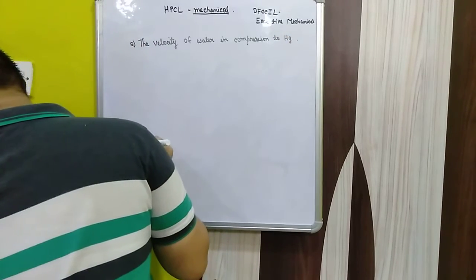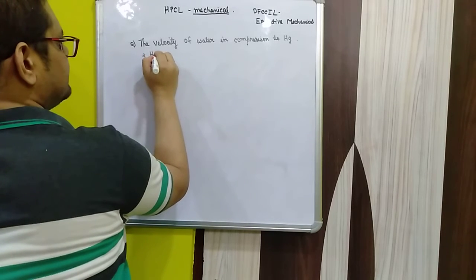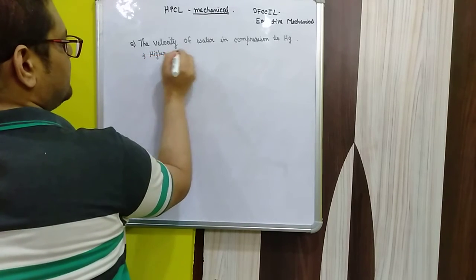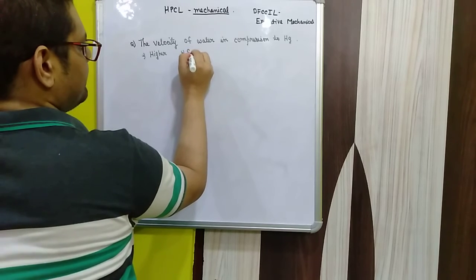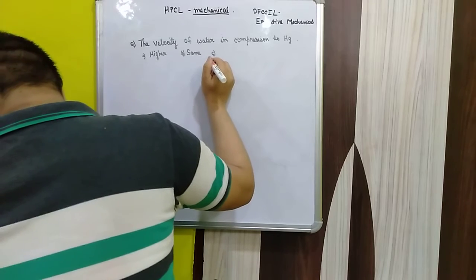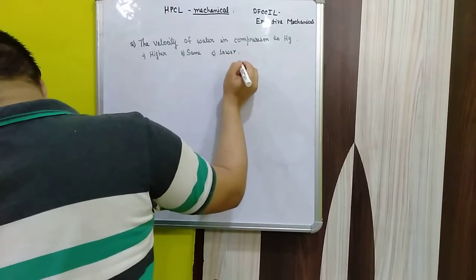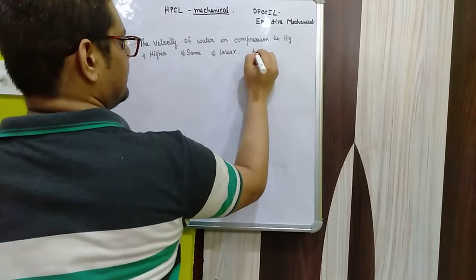Option A is higher. Option B is same. Option C is given as lower, and option D is unpredictable.